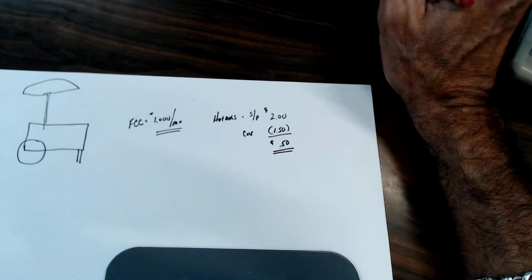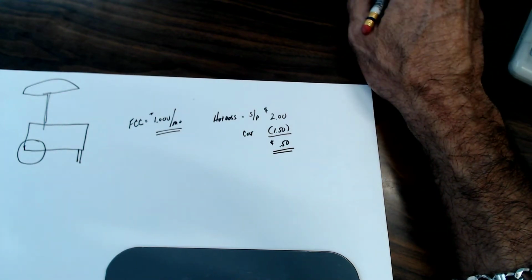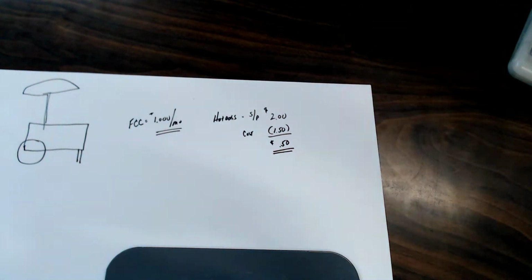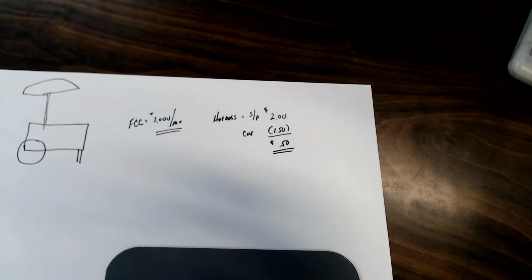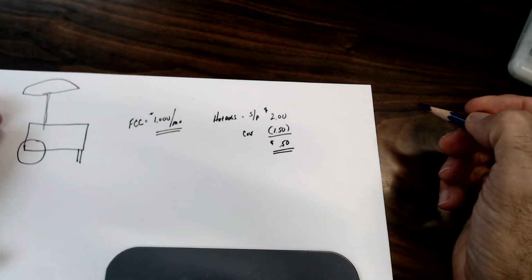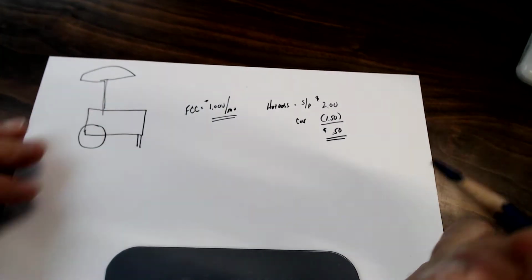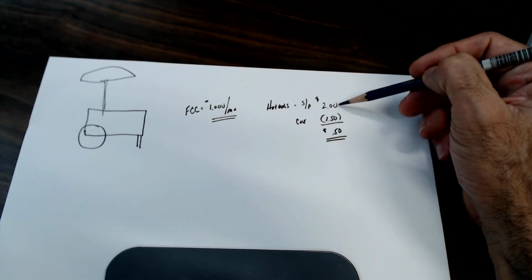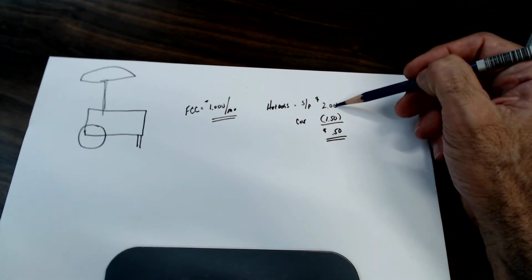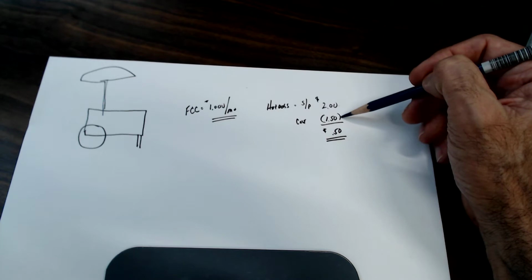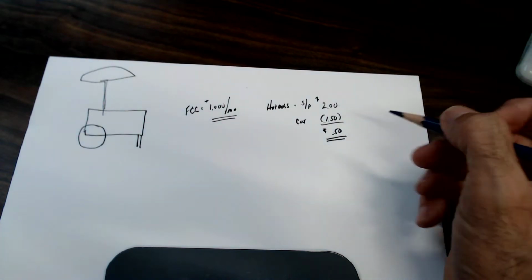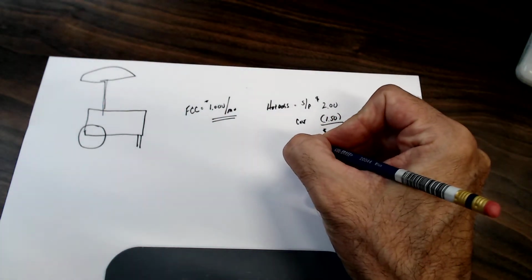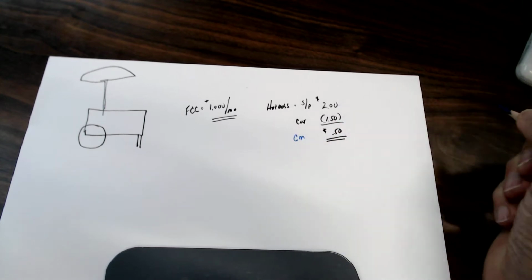And if you came up with 2,000 hot dogs, then you would be correct. You have to sell 2,000 hot dogs just to break even. And the way you would do that is simply this. For every hot dog I sell, I get $2, but its cost is $1.50. So I am making 50 cents per hot dog. That is called the contribution margin.